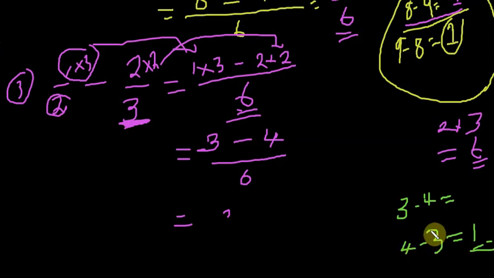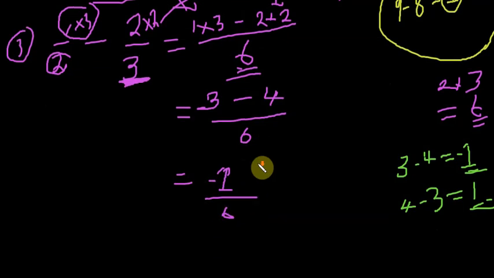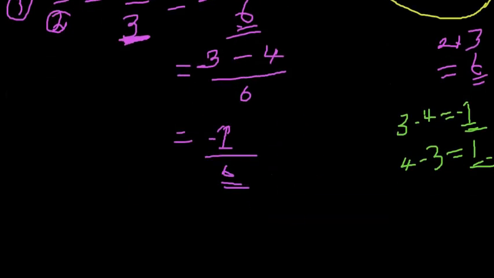It can't. So we get a negative number. 3 minus 4 is still 1, but then we get a negative number. So going back to here, we have negative 1 over 6. Our final answer is negative 1 over 6.